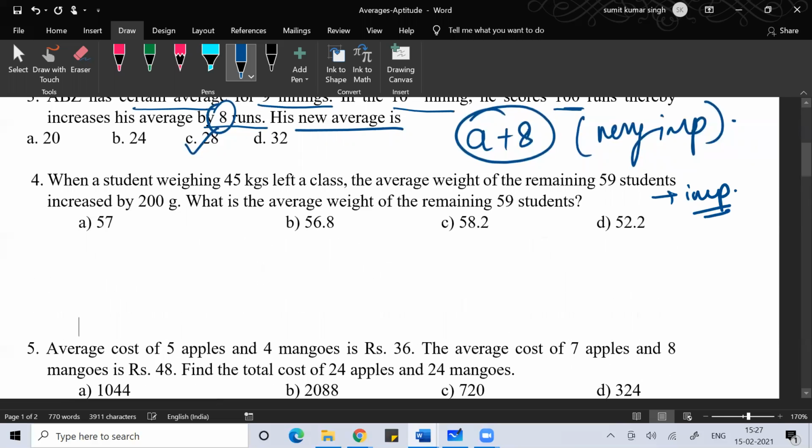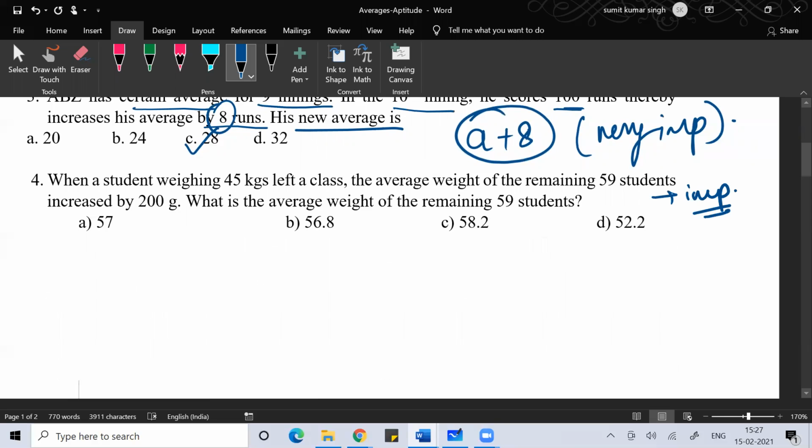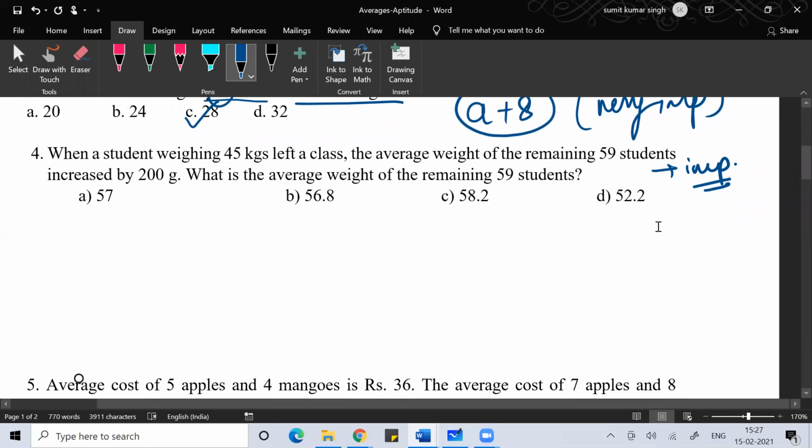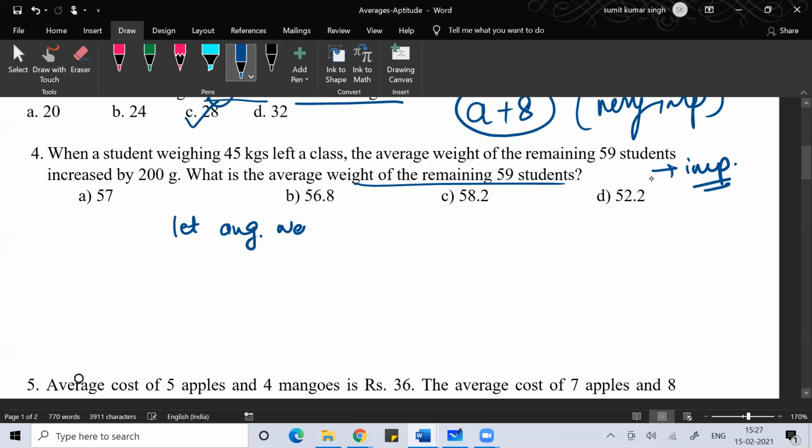So here a student of weight 45 kg left the class, then the average weight of remaining 59 students increased by 200 gram. What is the average weight of remaining 59 students? Let the average weight of 59 students be A. This is what you have to determine.